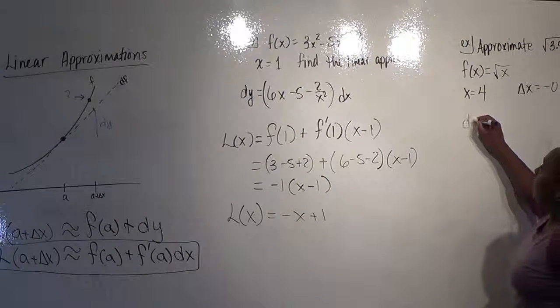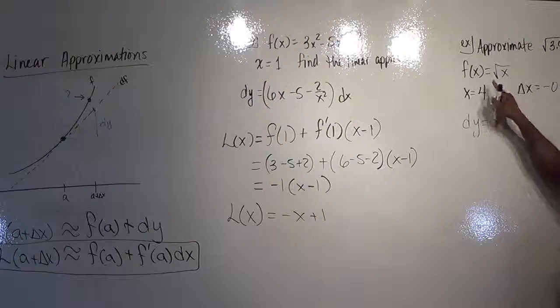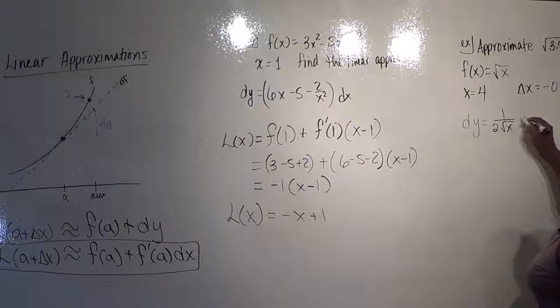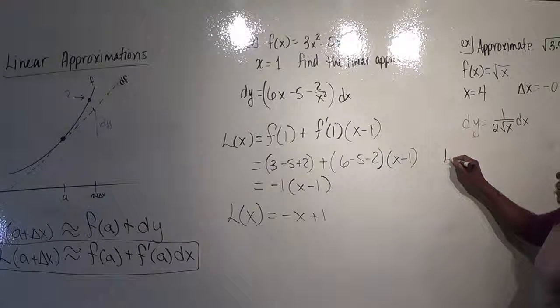So again, I'm going to start the same way by finding my dy. So dy, again, is my derivative times my dx. Okay. So dy will be 1 over 2 square roots of x dx. From there, I can set up my linearization.